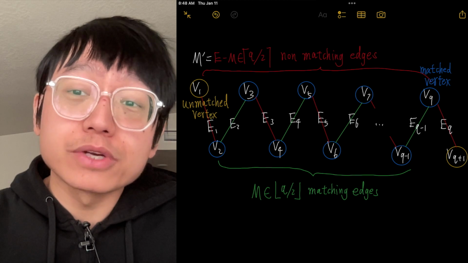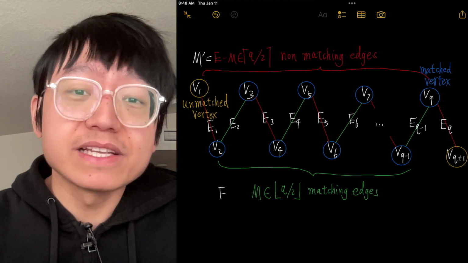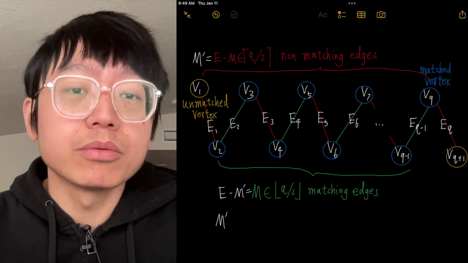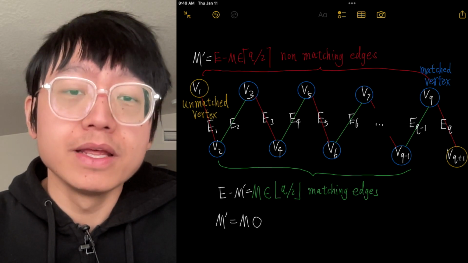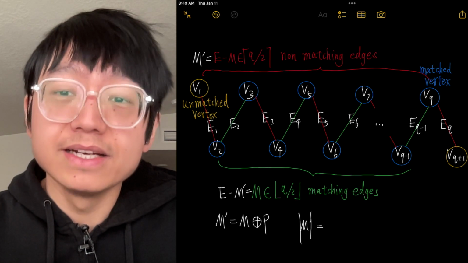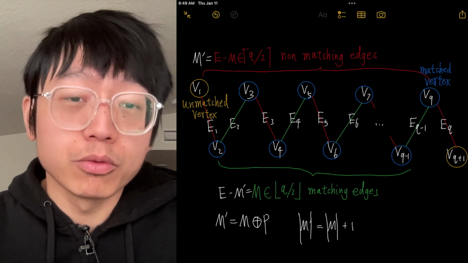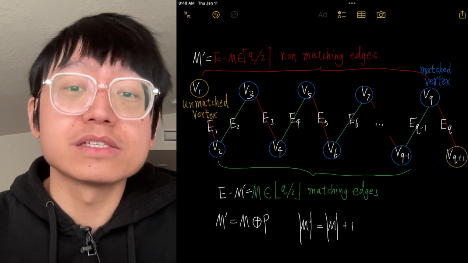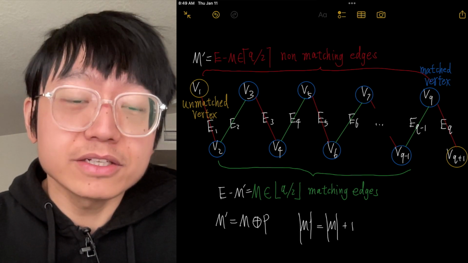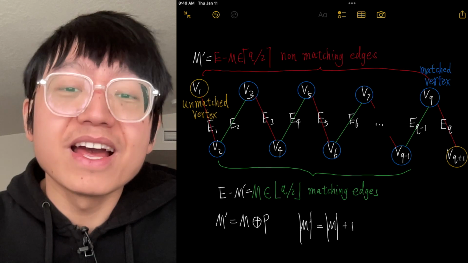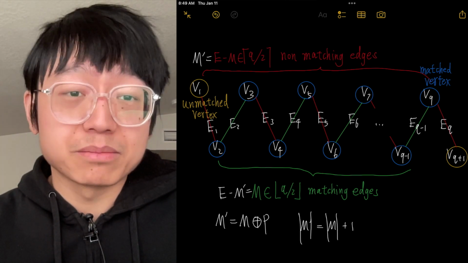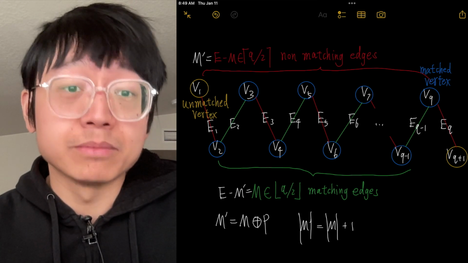When we take the symmetric difference of M and P, we are essentially removing the matching edges of P from M and adding the non-matching edges of P to M, and the result is a new set of edges, M prime, that includes one more non-matching edge from P than it loses in matching edges from M. So due to the alternating pattern, M prime has exactly one more edge than M, and thus the cardinality of M prime is equal to the cardinality of M plus 1.